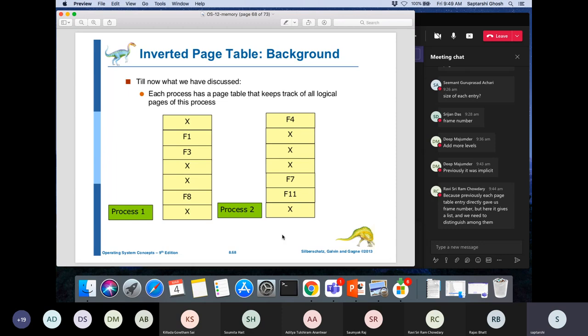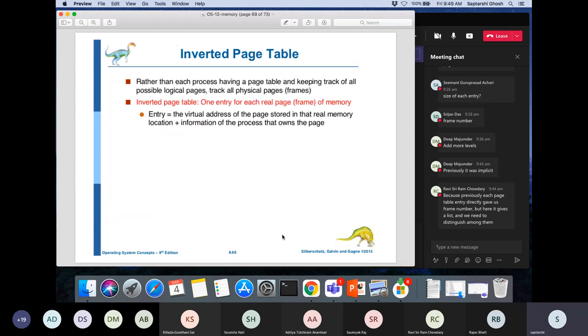So why can't we have simply a table which tracks which process is storing a page at which frame? That means instead of having a table for every process as to where the pages of this process are, why not track the physical memory frames? They are fixed in number, they don't change.